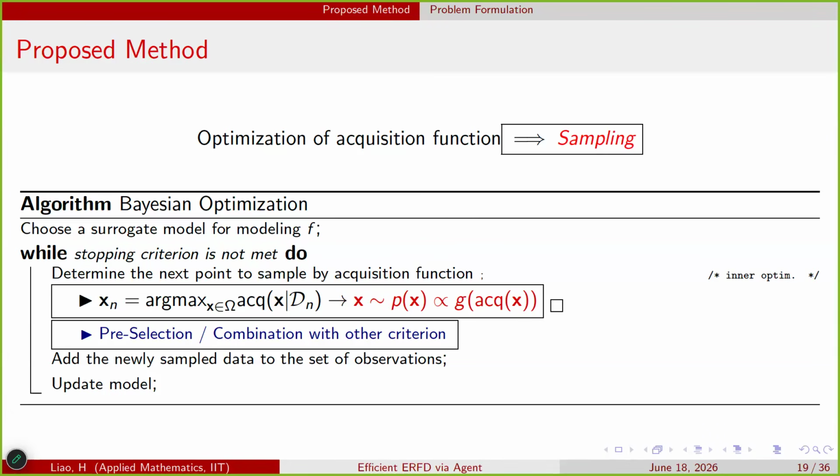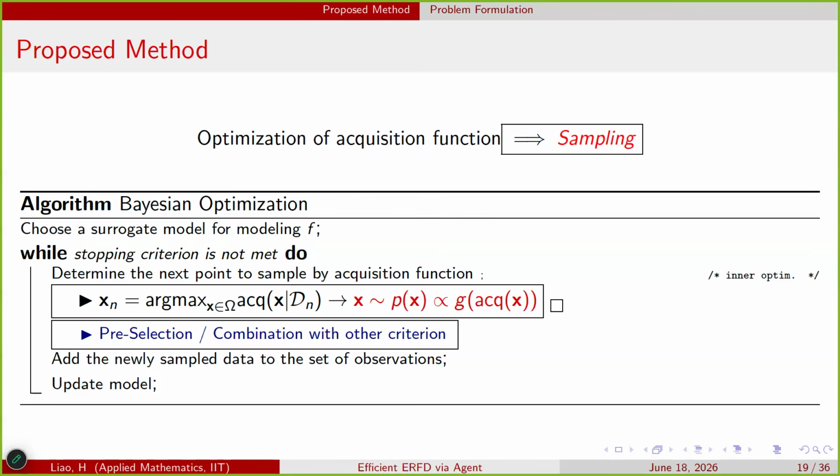Because basically, if you consider an optimization problem, if we're trying to find the highest acquisition function value for a certain point, in a probability way, it's like if the point has higher acquisition value, we try to sample them more or easier, right?